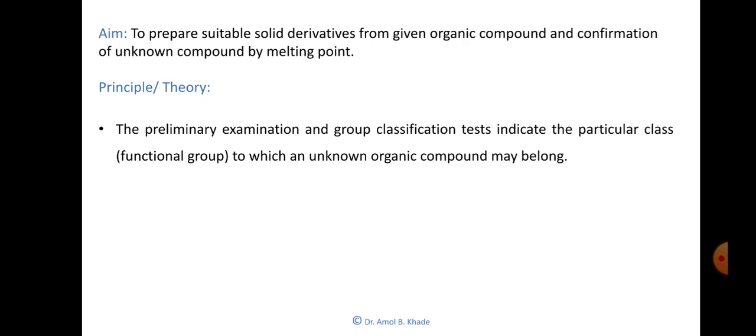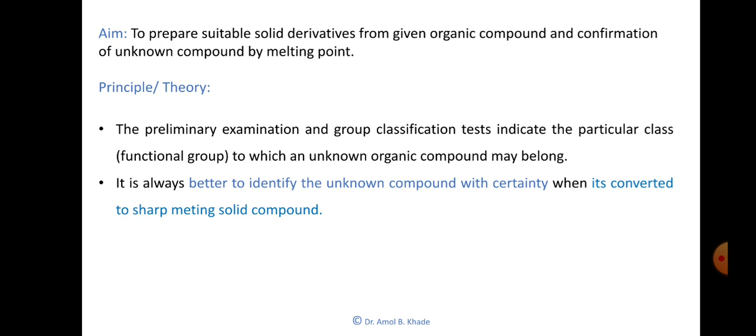We have seen the preliminary examination and group classification tests. They indicate the particular class or functional group to which the unknown organic compound belongs. It is always better to identify the unknown compound with certainty when it is converted to a sharp melting point solid compound.